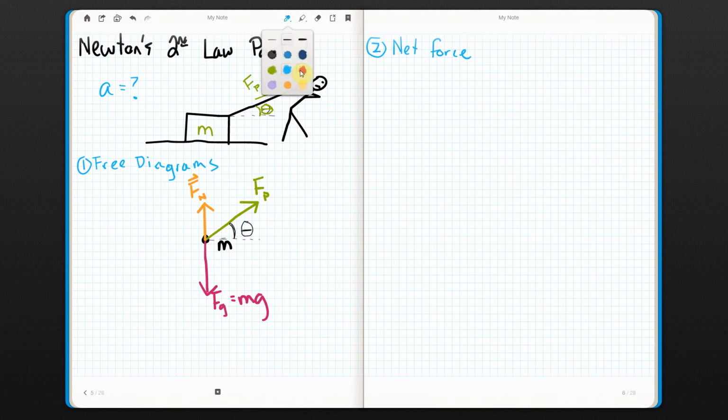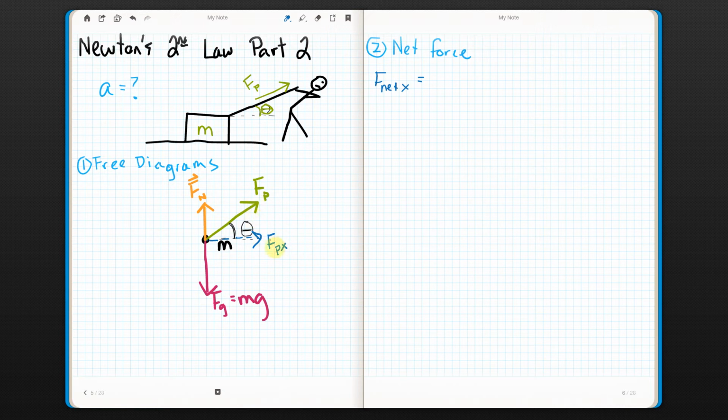So, the net force in the x direction. Well, this is not an x at all. Neither is this. The only thing that is an x at all is this green one, the force of the pull, but it's not completely in x. It's kind of partially. That means I need to find the x component of the pull force.